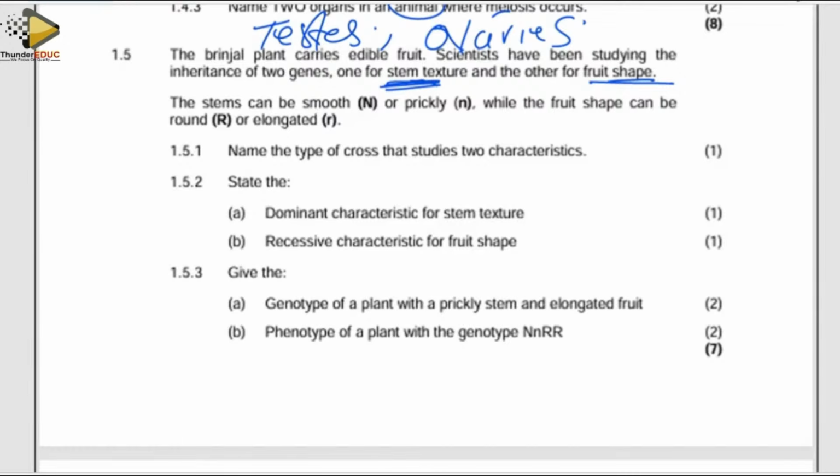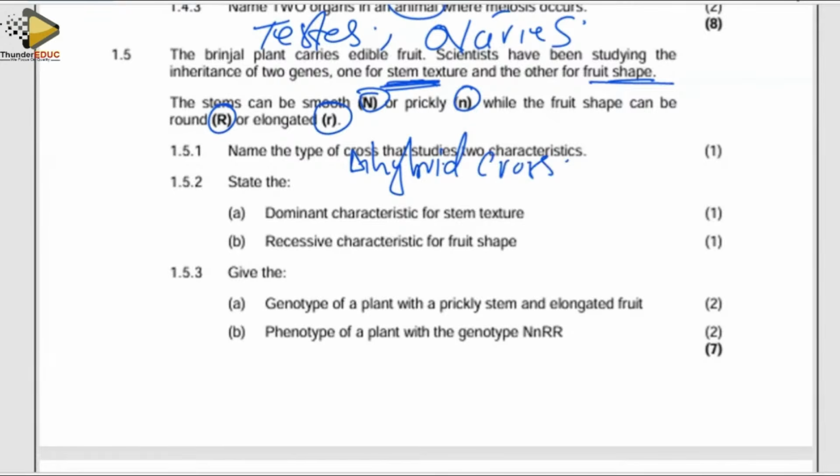The stem can be smooth, capital N, or prickly, small n, while the fruit shape can be round or elongated. Name the type of cross which is being studied in this characteristic. So basically it is a dihybrid cross.